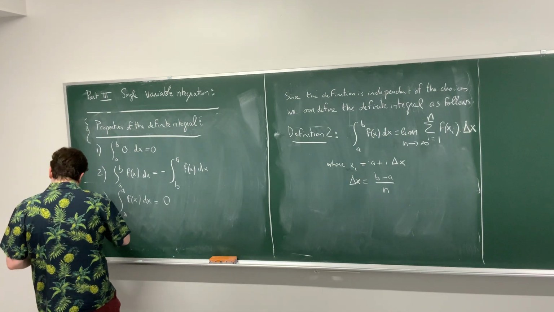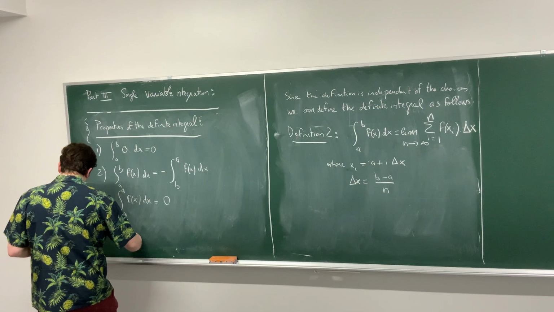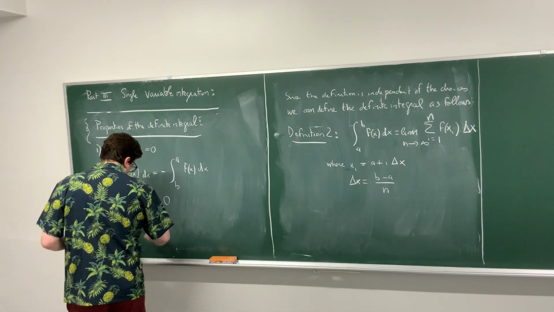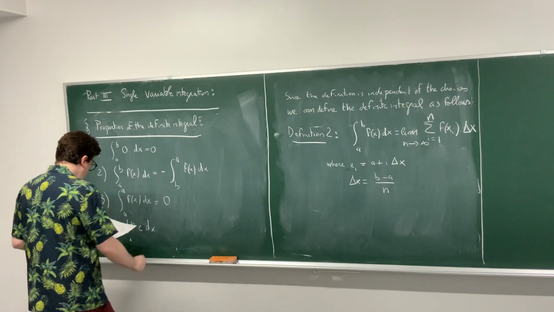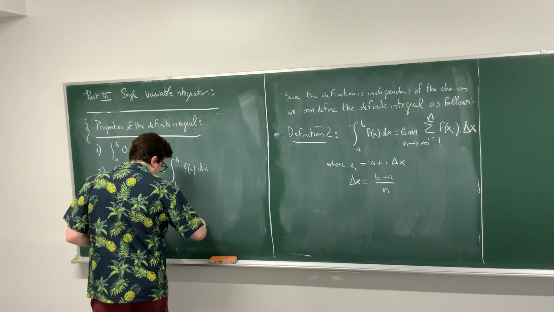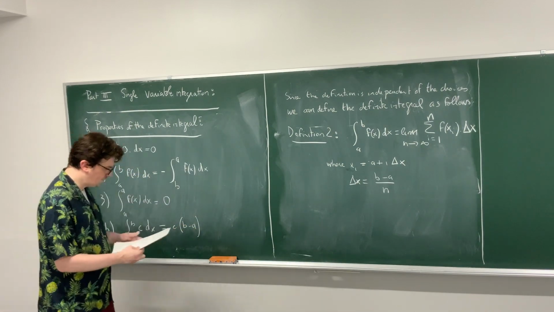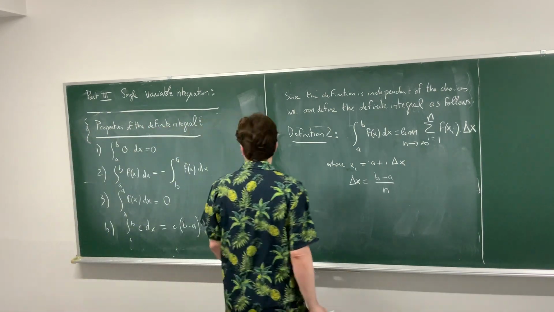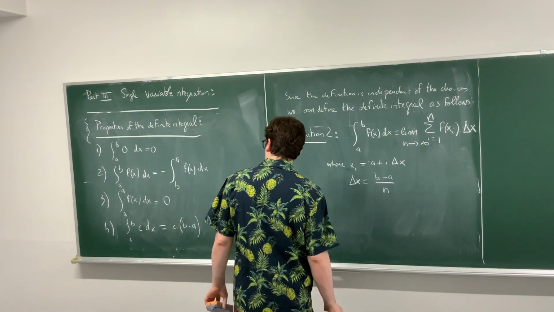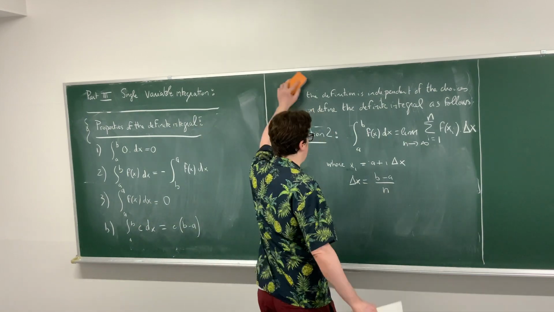Property 4, the integral between a and b of the constant function equal to c is c times b minus a. It's just a rectangle with width b minus a and height c, so it's very obvious.